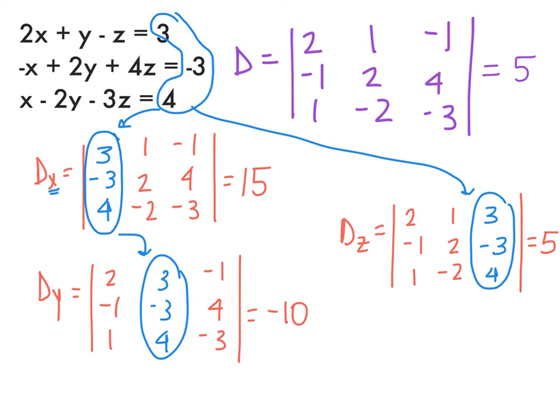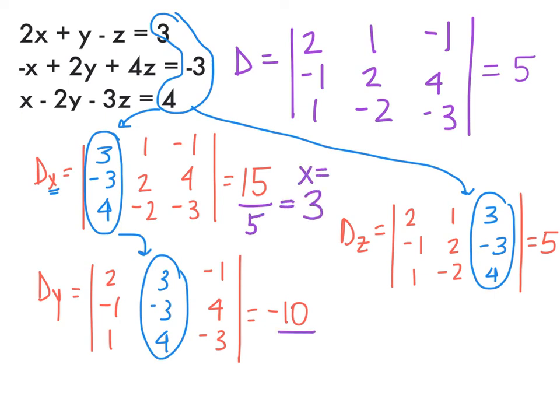You can either use your calculator to determine these determinants, or you can do it by hand. What I found is that the determinant of x is 15, and I'm going to now divide that by the determinant of my coefficient matrix. If I divide that by 5, I get 3, so x equals 3.